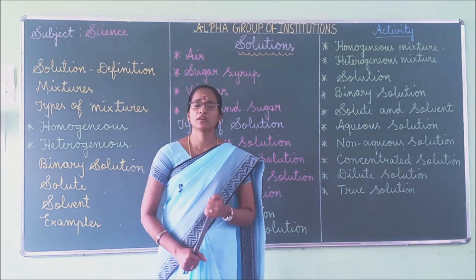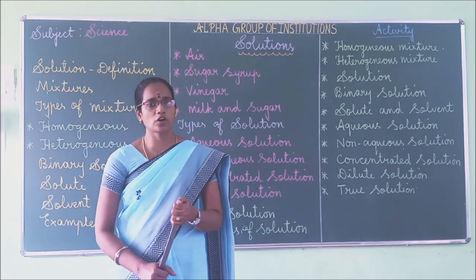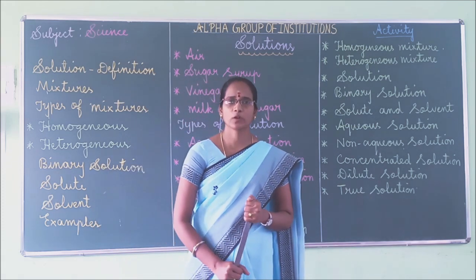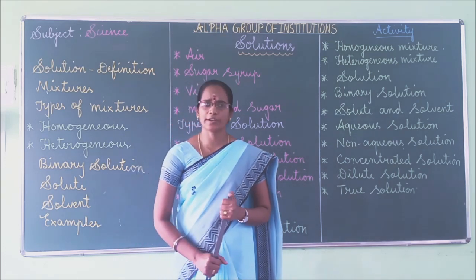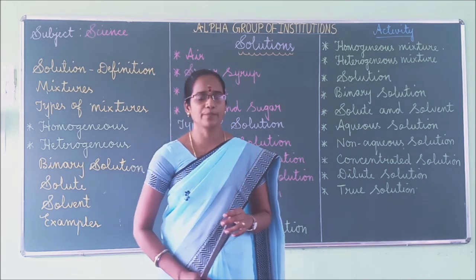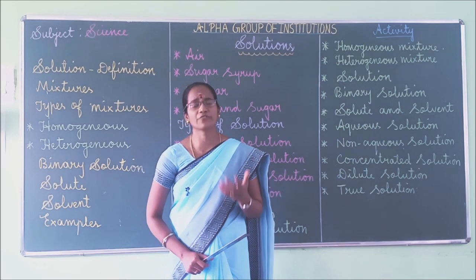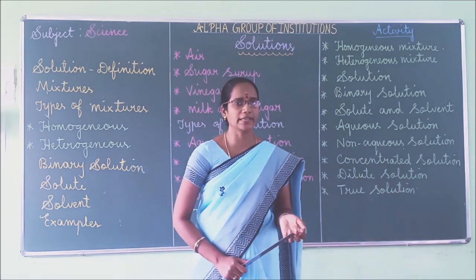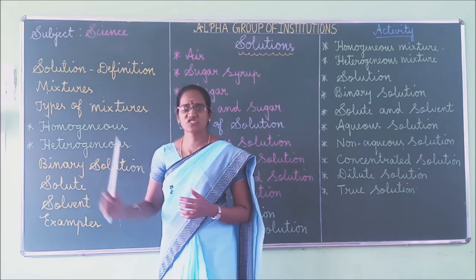Like nitrogen, oxygen, carbon dioxide, neon, argon, etc. Next one, seawater. Seawater also, I told you, is a mixture of many dissolved salts. And if you take ink, it is nothing but a mixture of colored dyes only. So these things we can say as examples for mixtures.